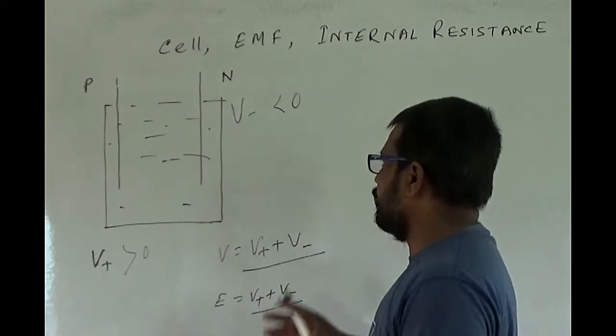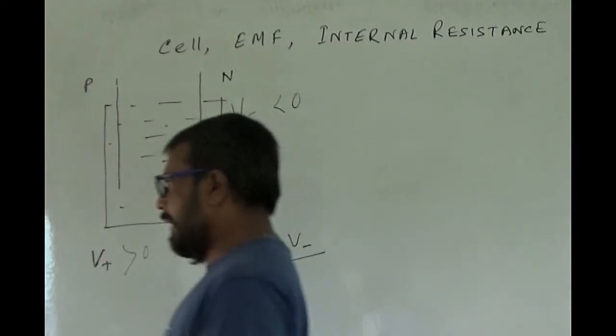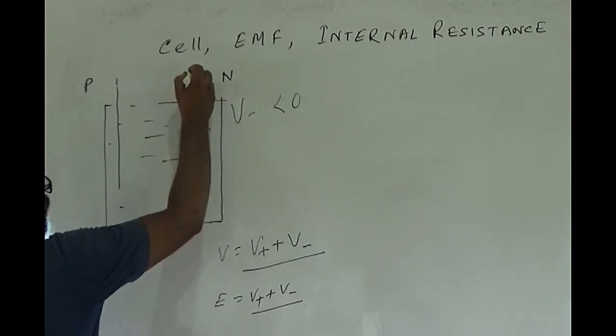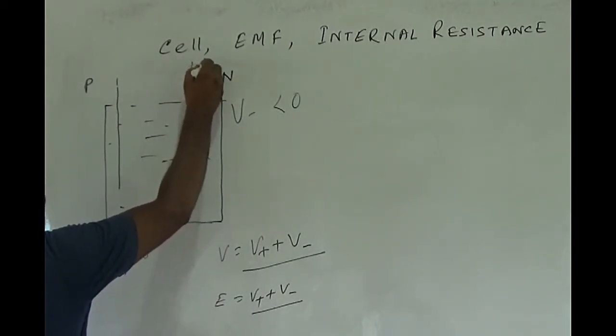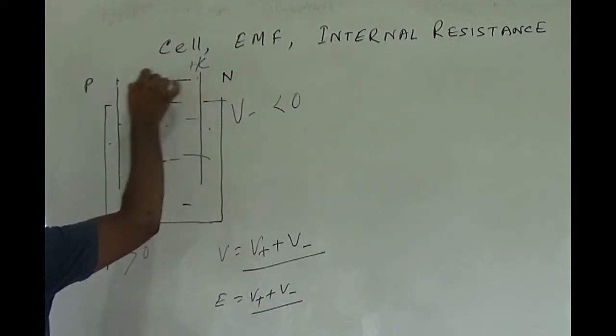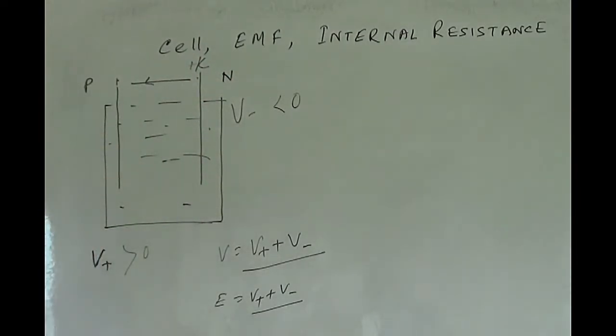Or you may also say that if we want to transfer plus 1 coulomb from the negative terminal to the positive terminal, then you have to do some work, and that amount of work is the electromotive force of the cell.